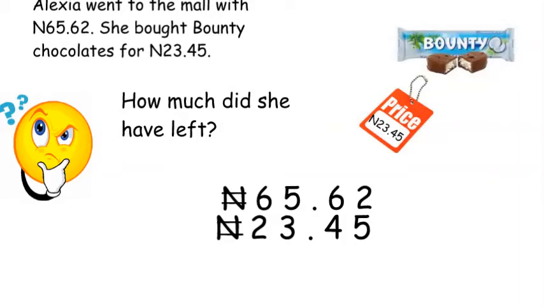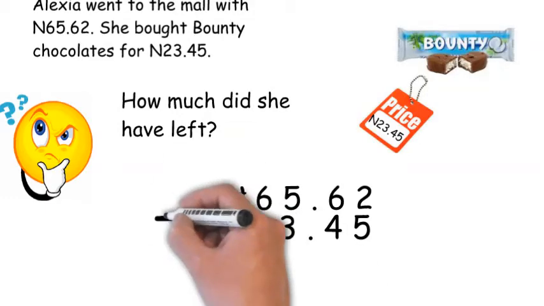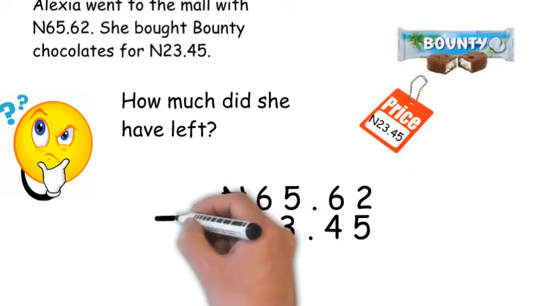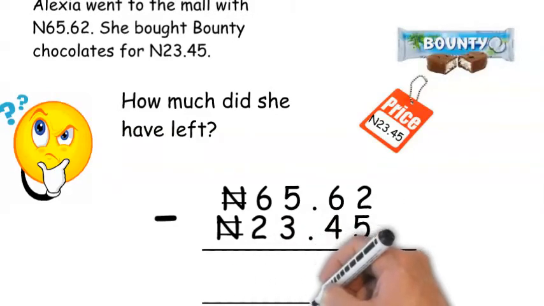So put your subtraction sign just by your number and ensure that it is well placed. When you're done with that, you also put your equal lines, so it's visible and you can put your answer in there.